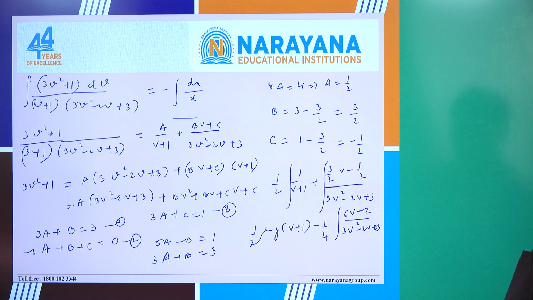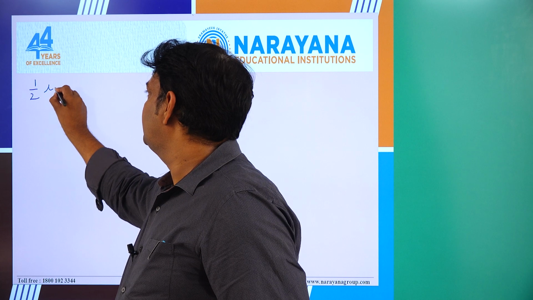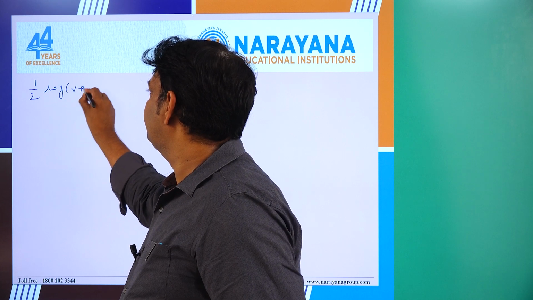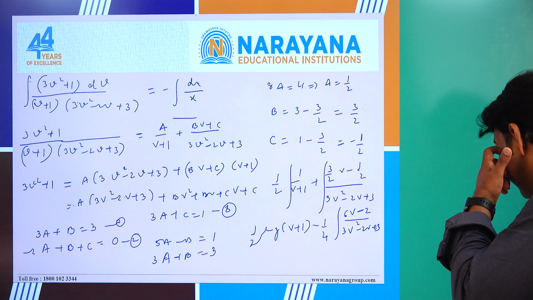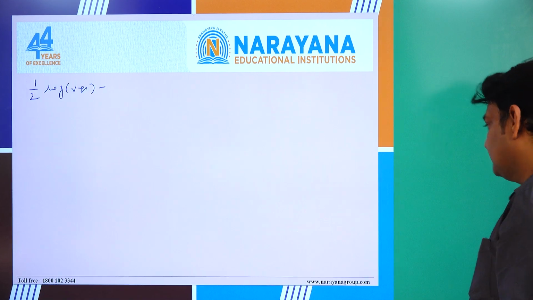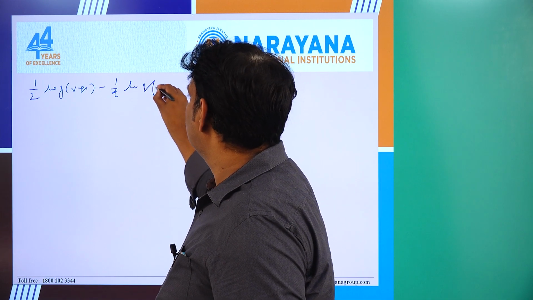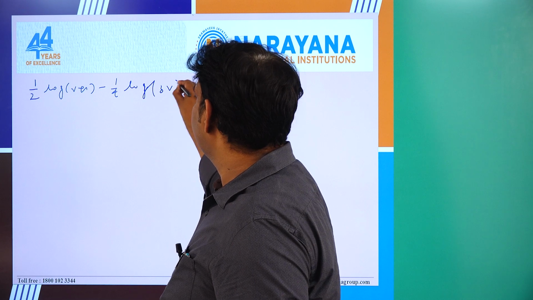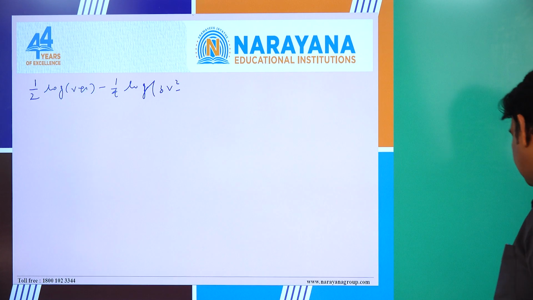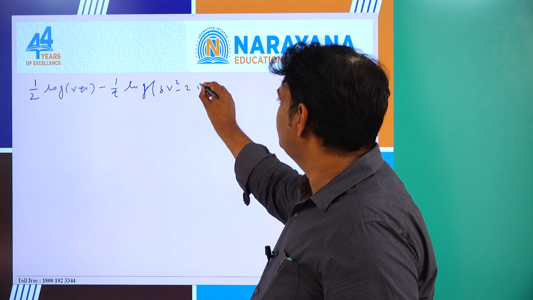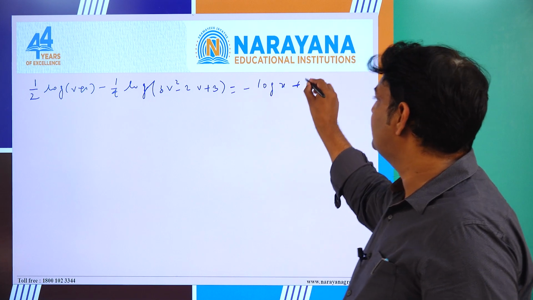So 1 by 2 log of v plus 1 minus 1 by 4 log of 3v square minus 2v plus 3 is equal to minus log x plus log c.